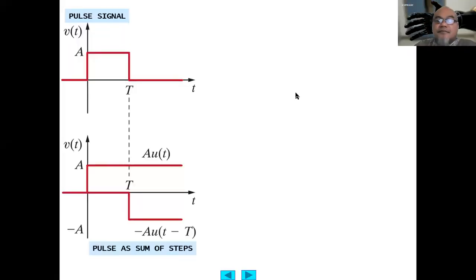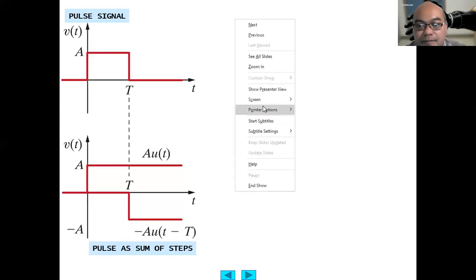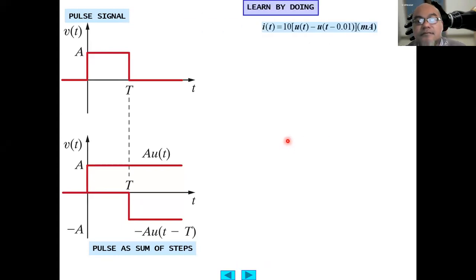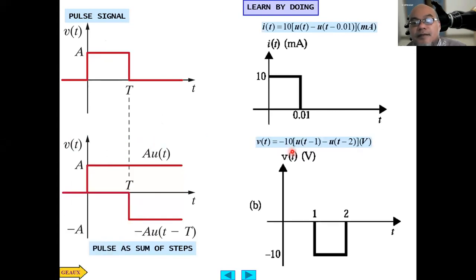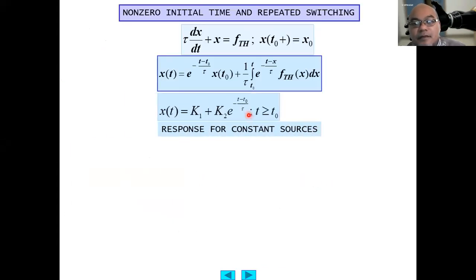So again, the pulse can be approximated as a sum of steps. This is the general solution.